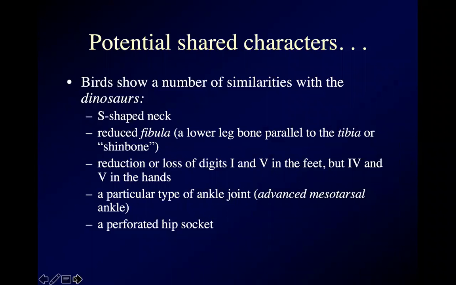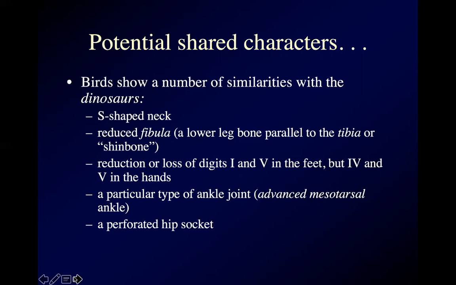There's a lower leg bone that's parallel to the tibia called the fibula, and in birds and in dinosaurs, that's reduced. You've seen this if you've ever eaten a chicken drumstick. There's the main bone that holds all the meat on a drumstick.